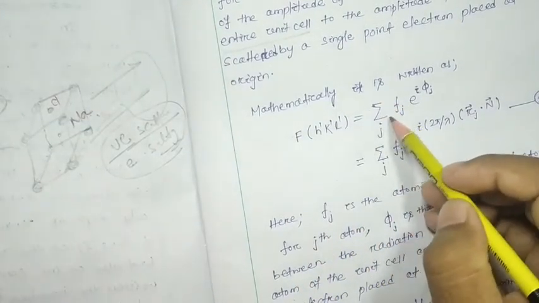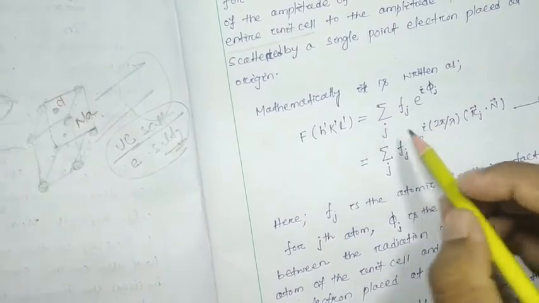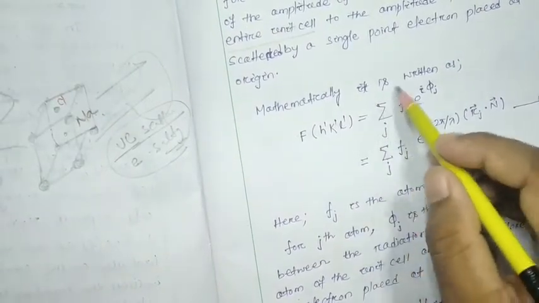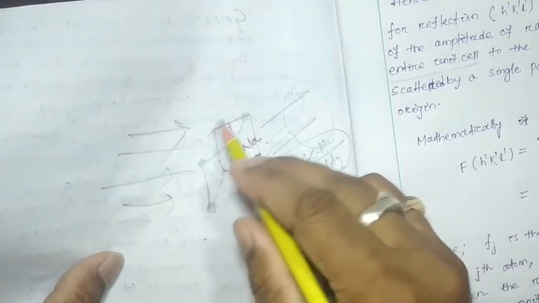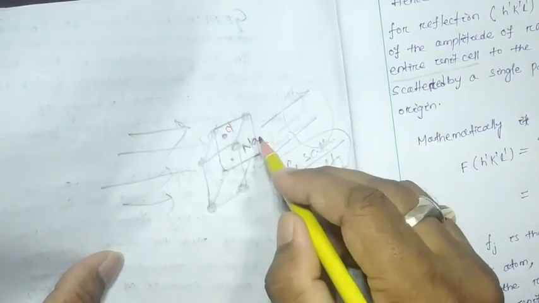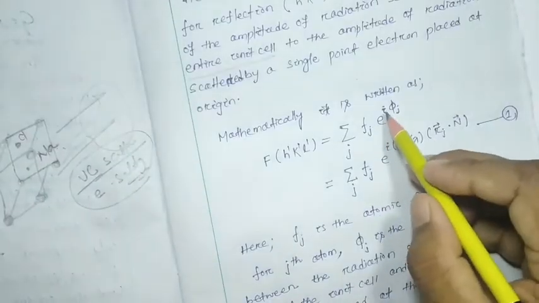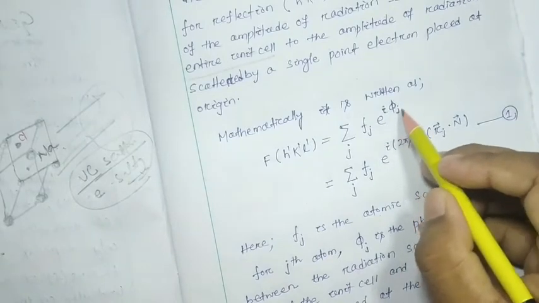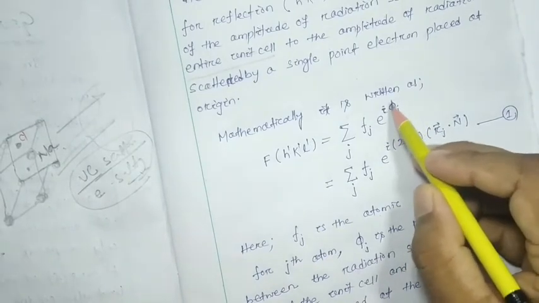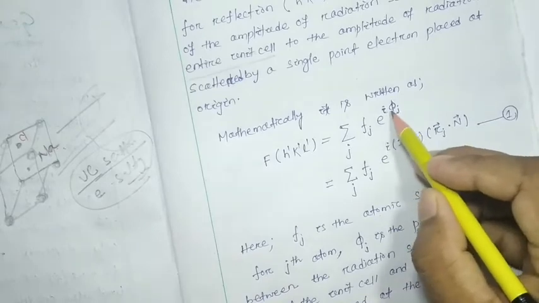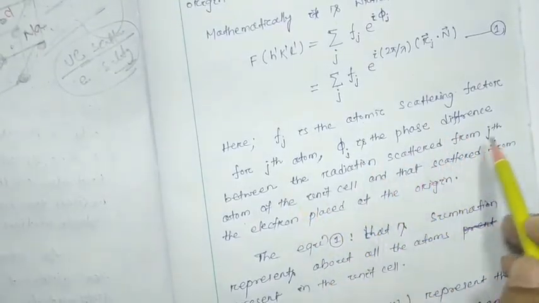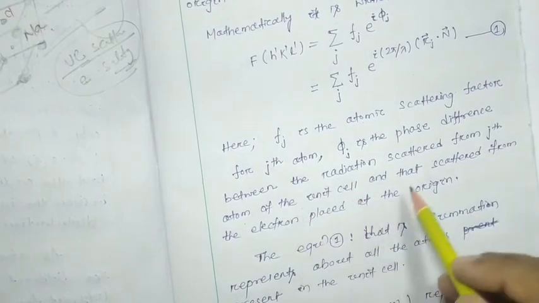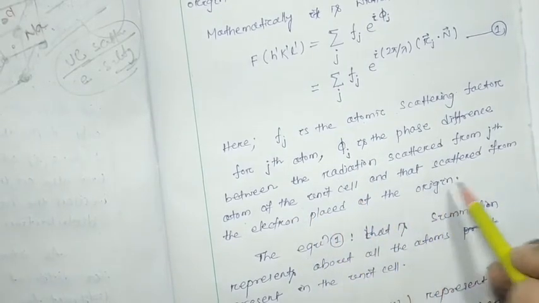If we consider the summation over j, it represents the summation of all the atomic scattering factors of the unit cell. And e to the power i phi j is nothing but the phase difference between the radiation scattered from the jth atom of the unit cell and that scattered from the electron placed at the origin.